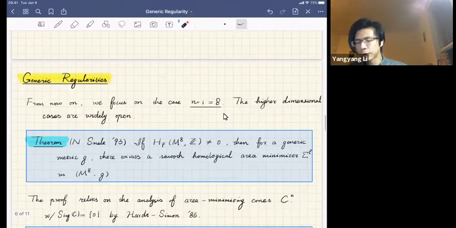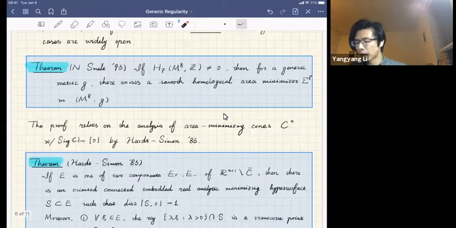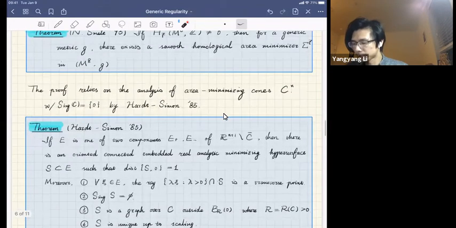The proof of this theorem relies on the analysis of area minimizing cones with just one single singular point by Hardt and Simon in their work in 1985. So here is the theorem proved by Hardt and Simon.